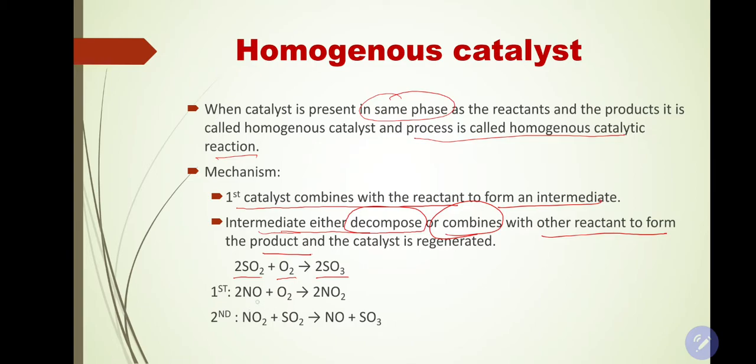Now if you are adding a catalyst, first 2NO will react with O2 to give 2NO2, and this NO2 will react with SO2 to give NO plus SO3. Now the catalyst is obtained as it is, and you will get the product SO3. Understood? Okay, so this is homogeneous catalysis.